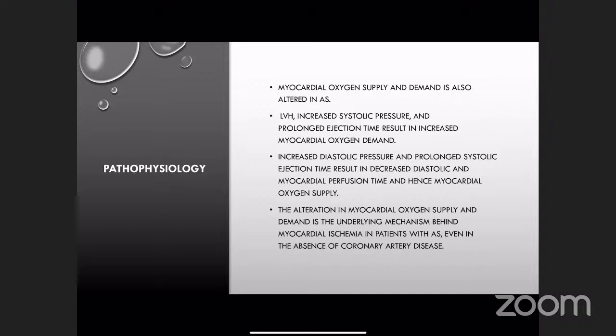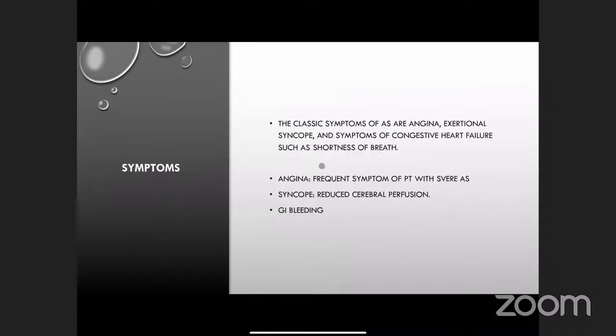Increased systolic pressure and prolonged systolic ejection time result in decreased diastolic myocardial perfusion time and hence decreased myocardial oxygen supply. The alteration in myocardial oxygen supply and demand is the underlying mechanism behind myocardial ischemia in patients with AS, even in the absence of coronary artery disease.